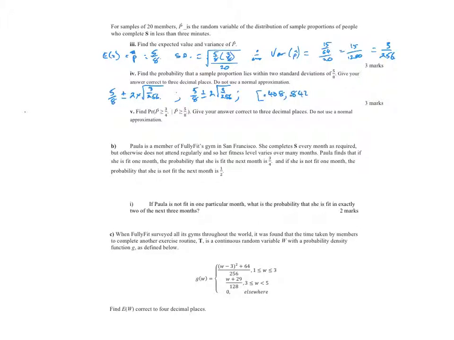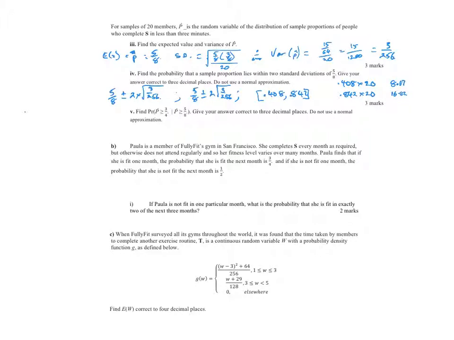0.408842. Okay, so we're looking to get the sample proportion within those areas. So since we have a sample size of 20, well, what's 0.408 times 20 and 0.842 times 20 gives me 8.17 and 16.82.